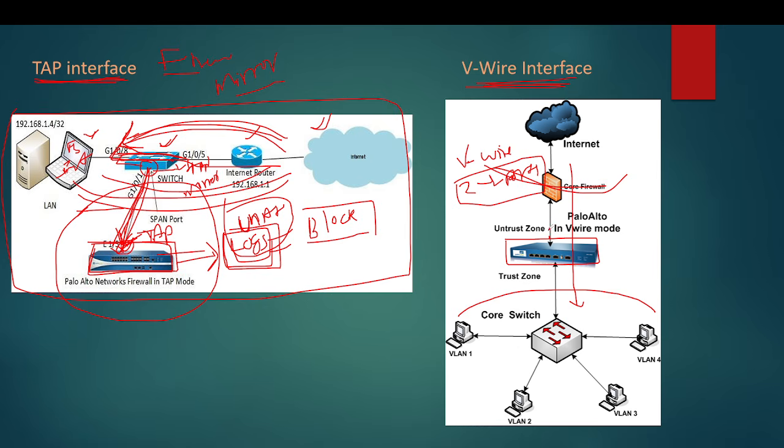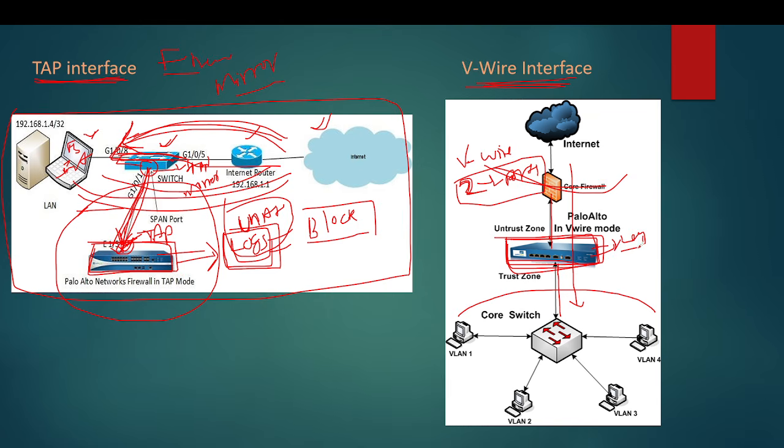Whenever you configure two ports as a virtual wire, these ports will act as transparent. So even if you keep the firewall in between, it will be transparent, and whatever comes into the network and goes out of the network, the firewall is going to log and maintain those logs.